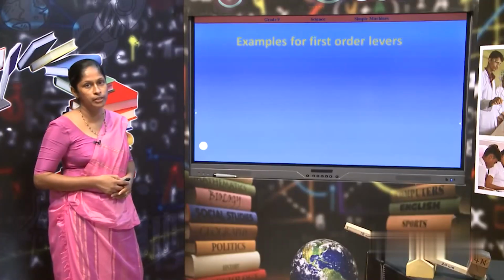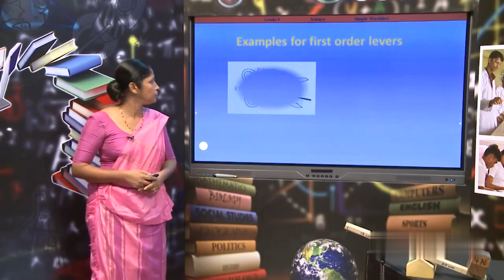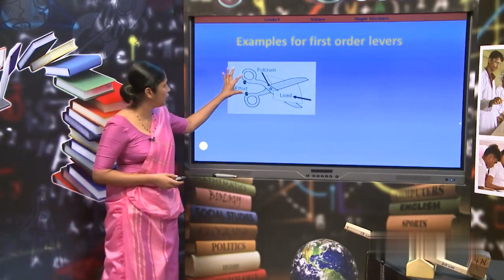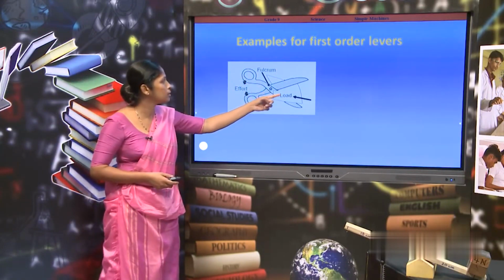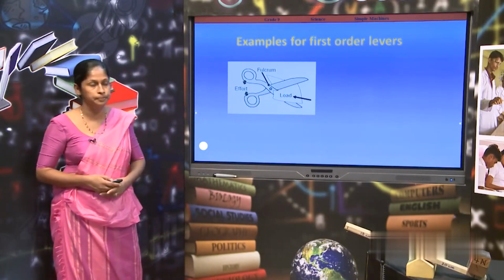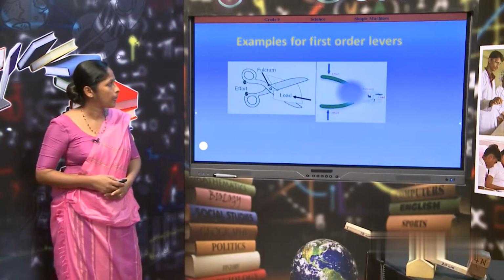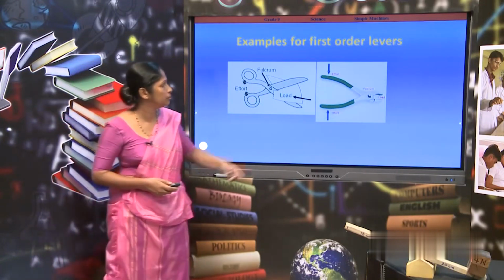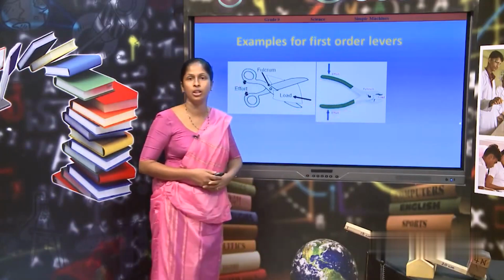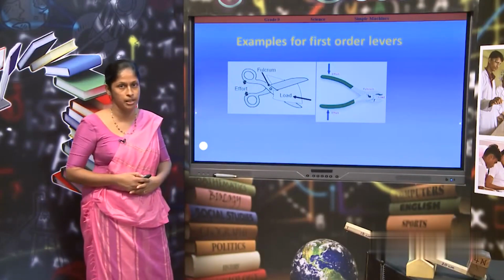Examples for first order levers. Scissor: effort, fulcrum and load. You can see the fulcrum in the middle. Pliers: effort, fulcrum and load. The fulcrum is in the middle.